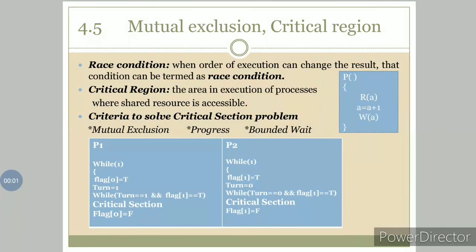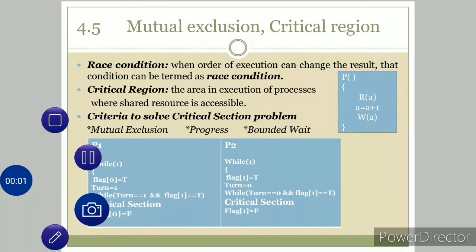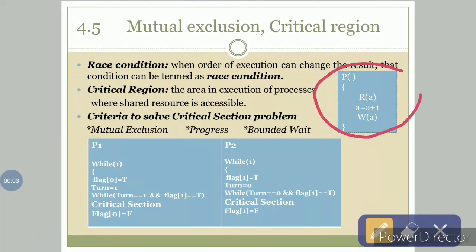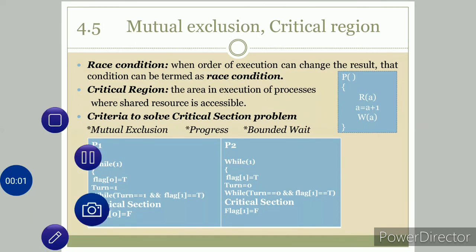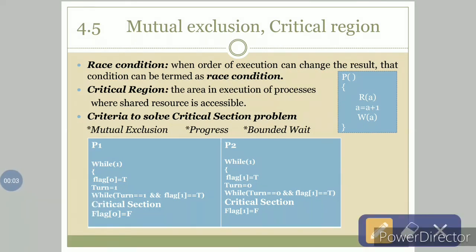To the next slide. The first one is race condition. When the order of execution can change the result, the condition can be termed a race condition. Let us take an example with this small piece of code, to see how it will execute in different scenarios.